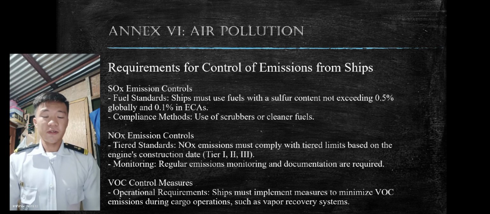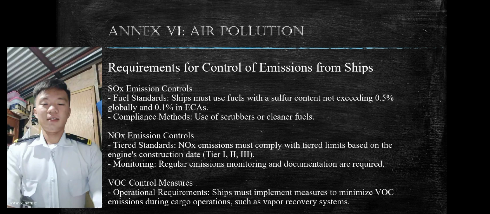How to reduce emission of the ship? Efficiency measures like slow steaming, reducing the speed of the ship, bulbous bows placed at the front of the ship to reduce drag and increase fuel efficiency.